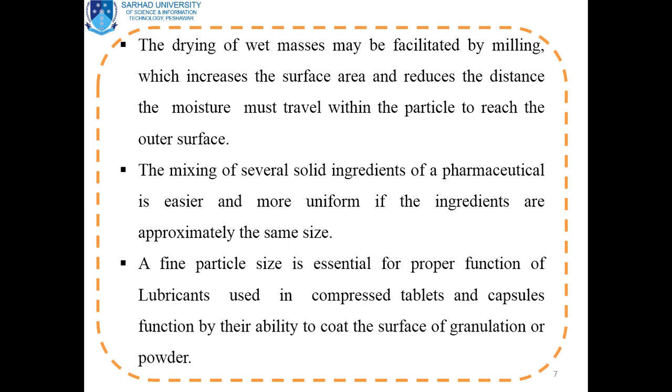The heat transfer by various ways and the mass transfer by the process of diffusion will be favored if the reduced particle size of the wet mass is processed prior to the drying, because after the milling process the surface area will be increased, and the distance that the moisture will travel within the particle to reach the evaporating surface or the outer surface will be reduced.